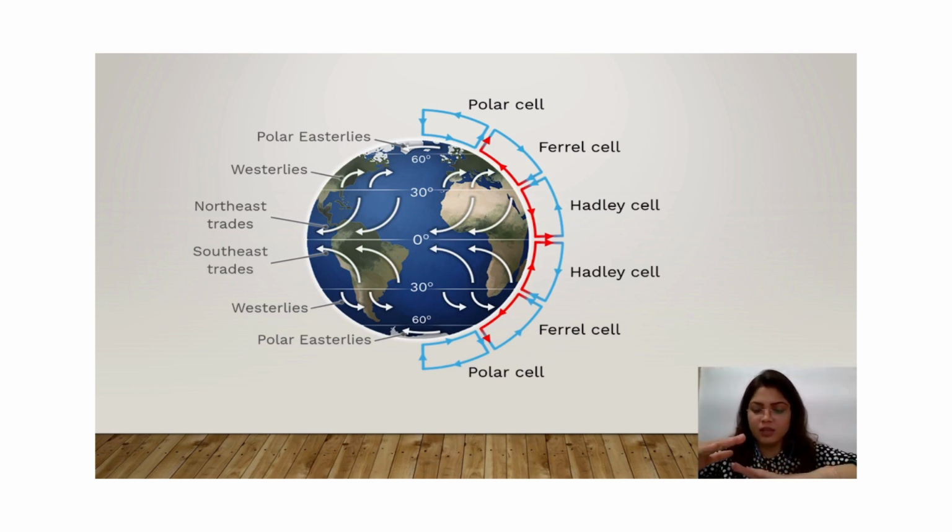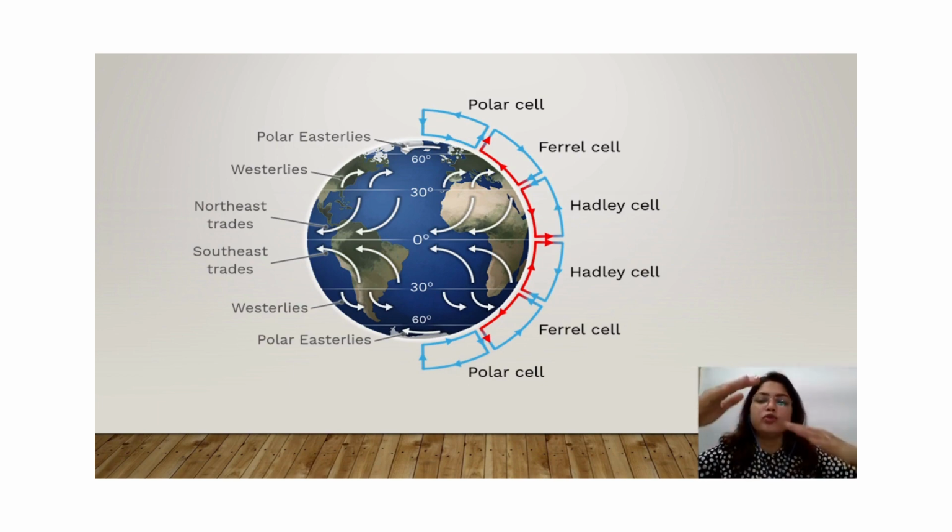And why does it happen? Because, as you all know, at the subpolar region a low pressure area is maintained, due to which the wind is rising up, and it's getting deflected towards the polar region.